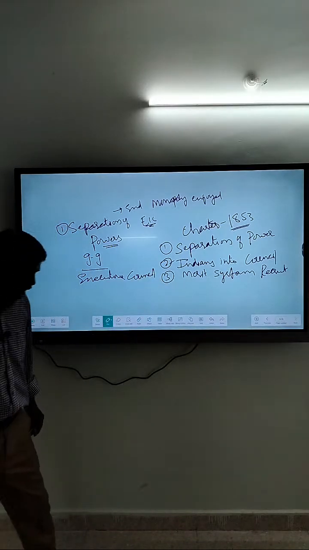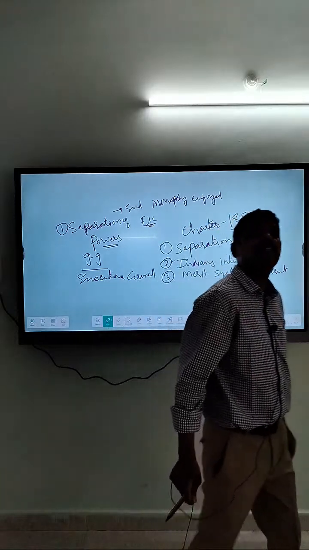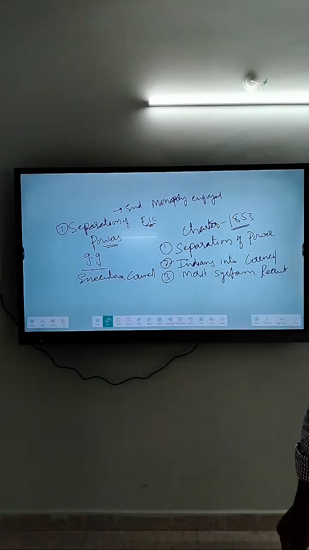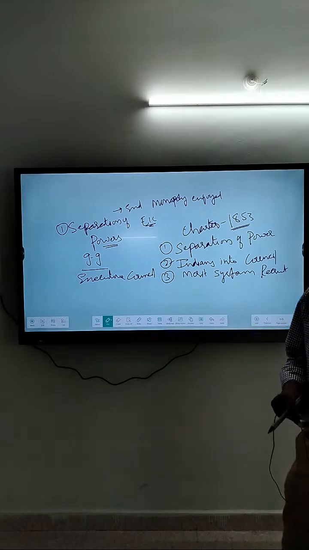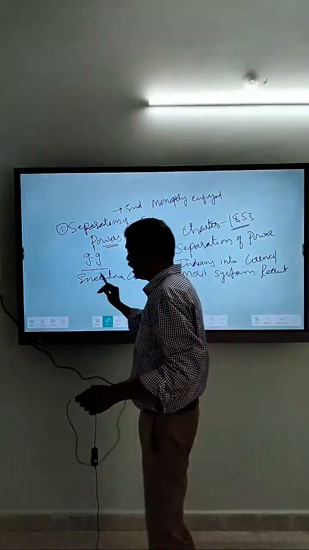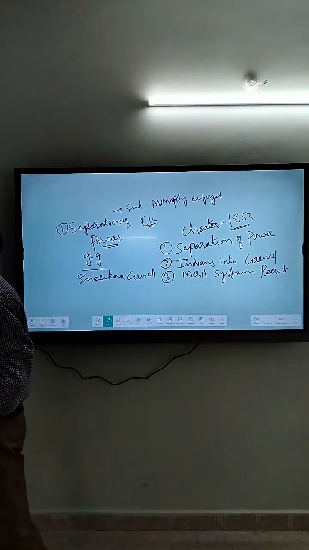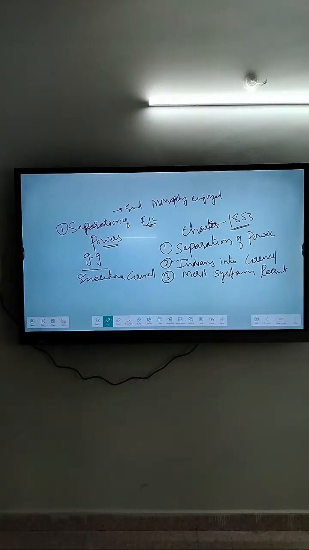What was the role of Executive Council? The role of Executive Council is to assist Governor General both in executive functions as well as legislative functions. That is what we have learned in 1773. That means Executive Council assisted Governor General both in executive as well as legislative functions.